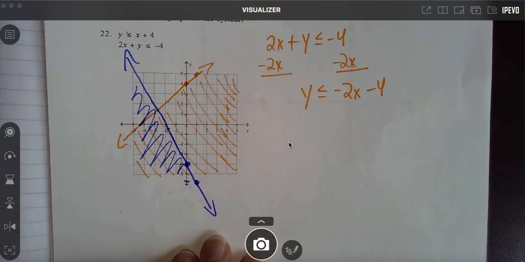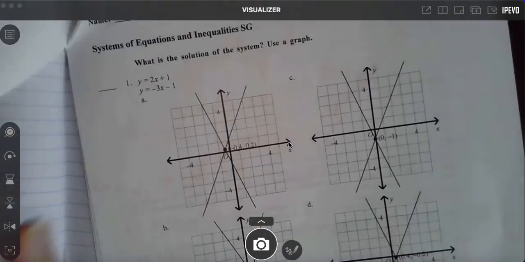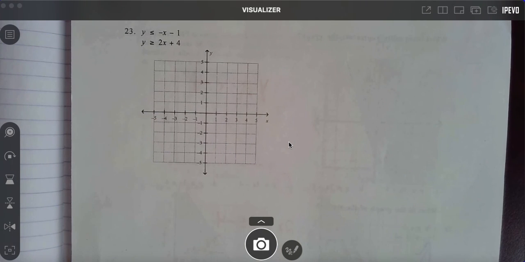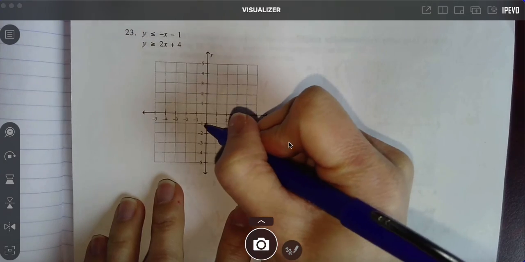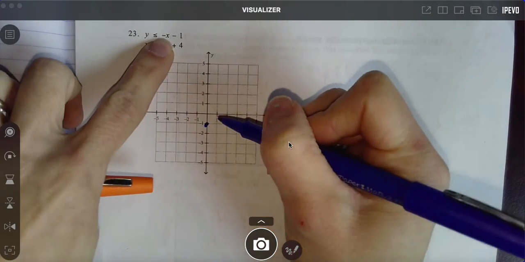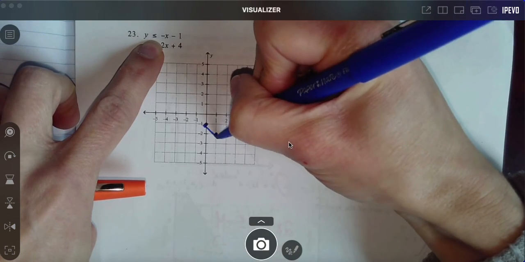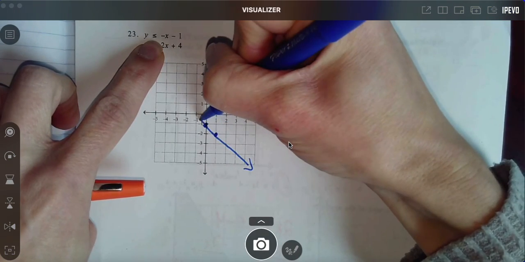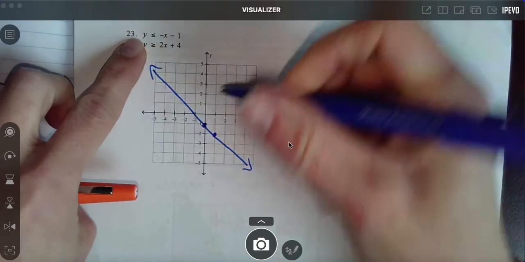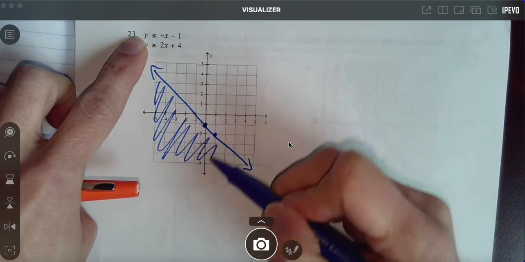Do y'all want me to do that one? Yeah, I just didn't know if I had time, but I have 2 minutes. All right, down 1 is my starting point. From there, my slope is -1, down 1 and over 1. Solid line because it's equal to. I know I'm going pretty quick, y'all. Shade below it because it's less than.